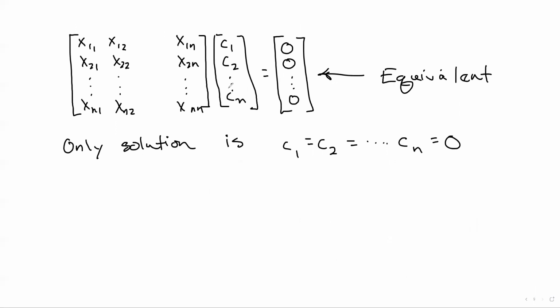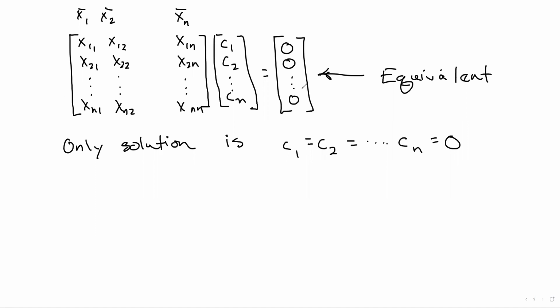And so if someone asks you, is x1 through xn linearly independent, you create a matrix made up of them, as I did here: the first vector, second vector, through the nth vector.